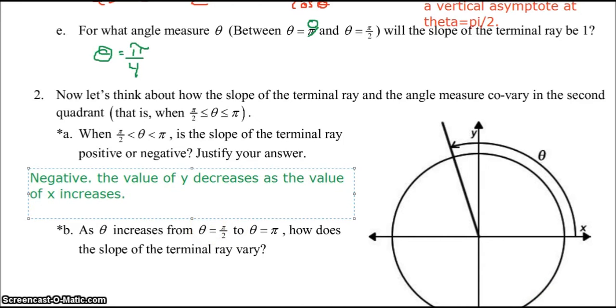We could also say that the change in y will always be negative. And then the book's answer is the terminal ray falls from left to right, so it's negative.